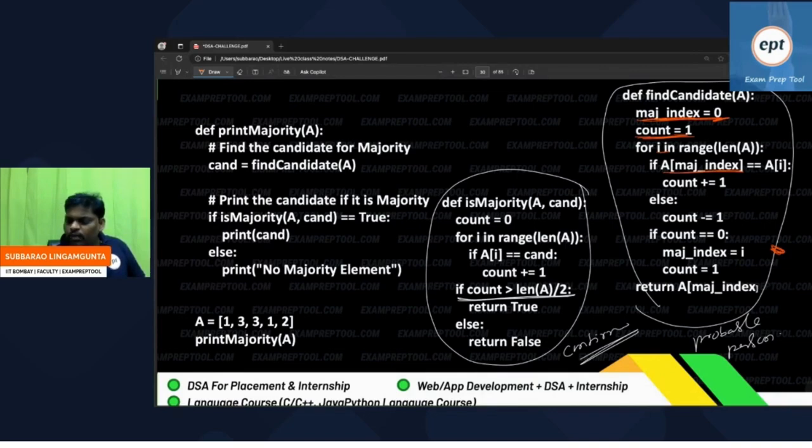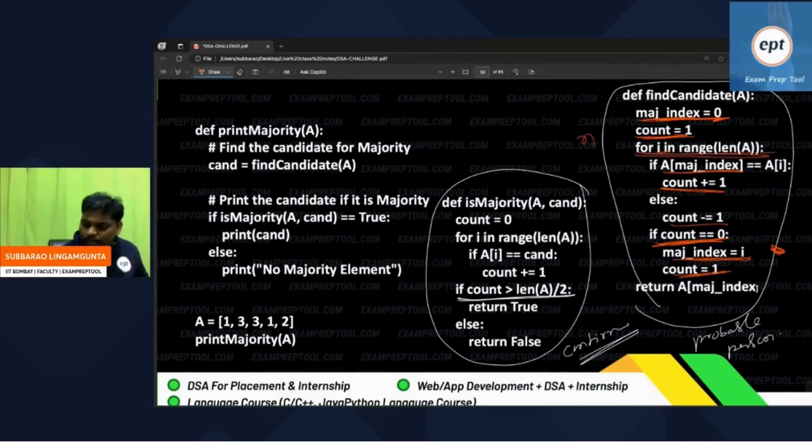Whenever it is coming, increment by 1. Suppose the opposite is coming, decrement by 1. Next, if count is 0, all cancellations are done. So again the majority element index will start from I, count is 1, and continue this loop again. Same story happening. One for loop is there, and then the for loop ends.